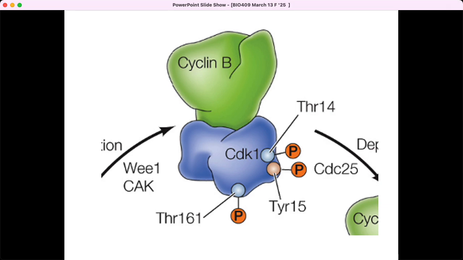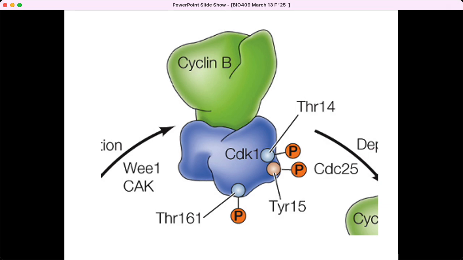It gets phosphorylated by kinases. And the phosphorylation sites include a site that's needed for it to be active here, but then it also includes 2 inhibitory sites. So when those are phosphorylated, the CDK1 is inactive, and that's what's going to switch.